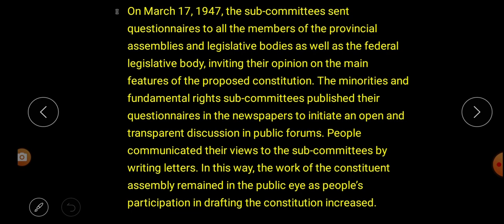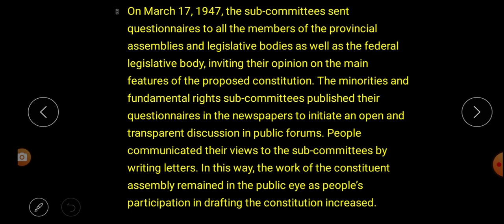So in this paragraph we learn that on March 17, 1947, the subcommittee sent the questionnaire to three groups: first, all the members of provincial assemblies; second, the legislative bodies; third, the federal legislative bodies. They had to give their opinion on the main features of the proposed constitution.